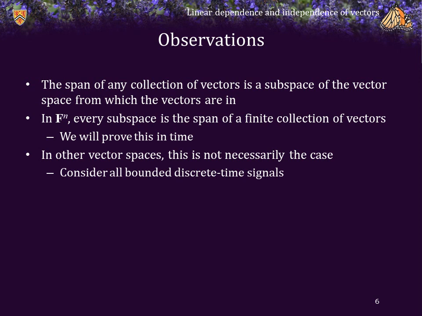In other vector spaces, this is not necessarily the case. For example, consider the subspace of all bounded discrete time signals. There is no finite collection of discrete time signals such that the span of that collection is the collection of all bounded discrete time signals.